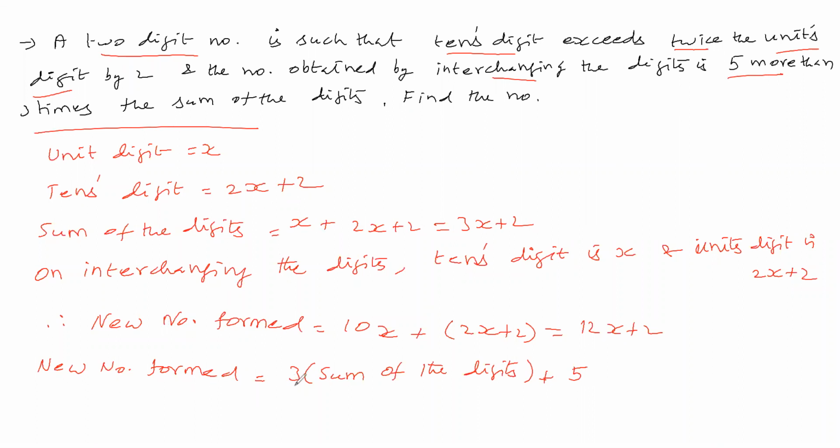So the new number formed is 12x plus 2, and 3 times the sum of the digits is 9x plus 6, plus 5. Now we will simplify this: 12x plus 2 equals 9x plus 6 plus 5. Then we will get 3x is equal to 9.